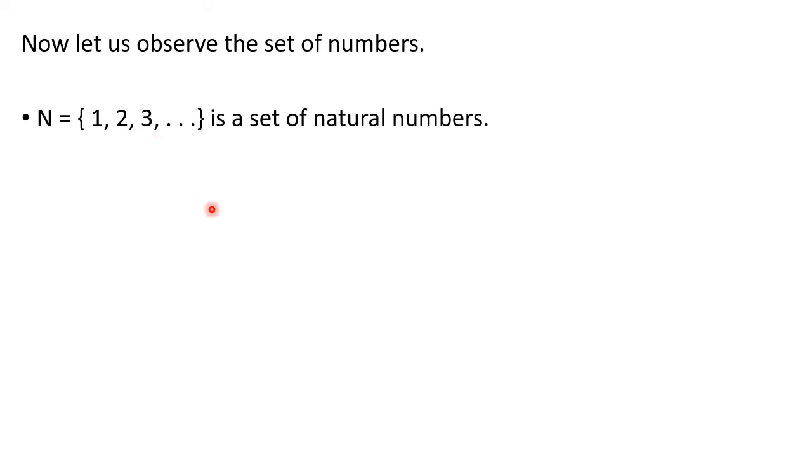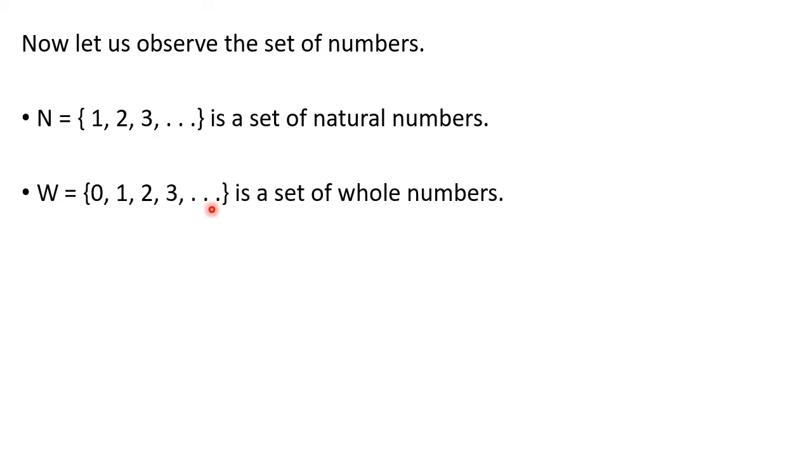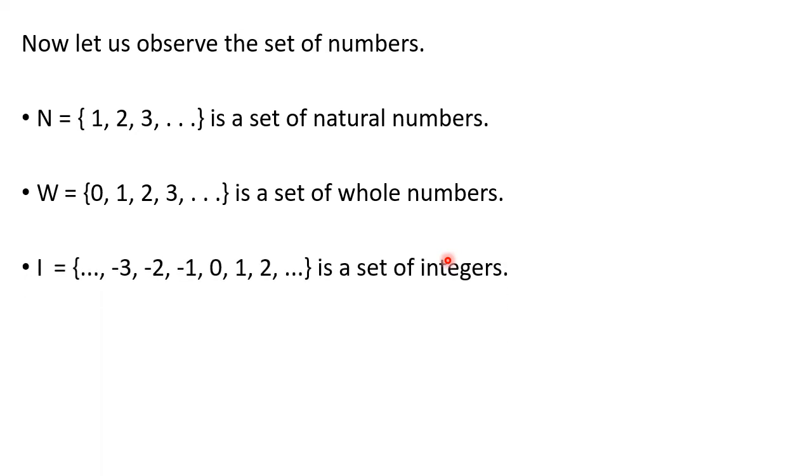After N, the next was what? Whole numbers. So we are going to write it like this: W is equal to, inside the curly bracket, 0, 1, 2, 3 and so on. So this is a set of whole numbers. Then next was natural numbers, whole numbers. Then next is what? Integers.